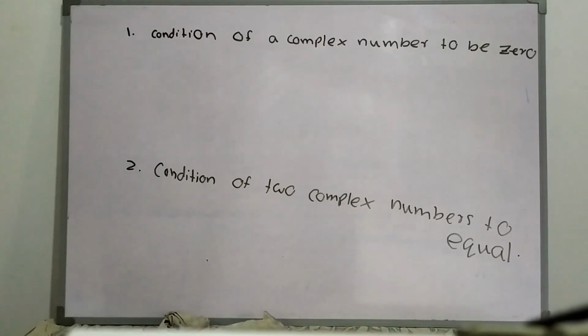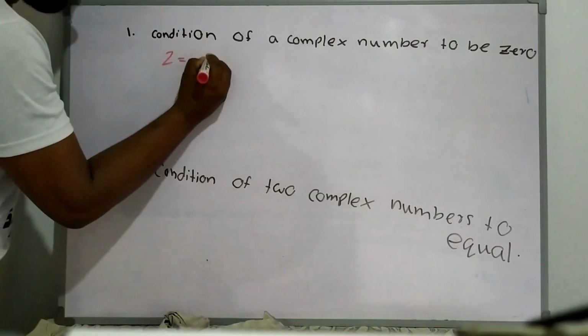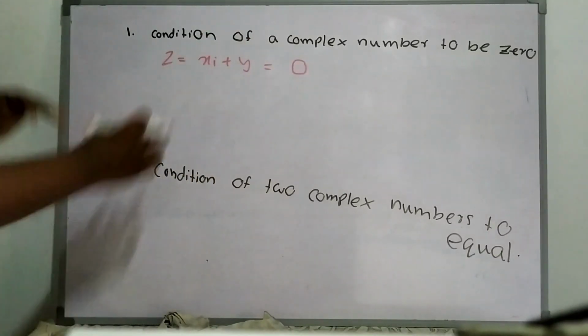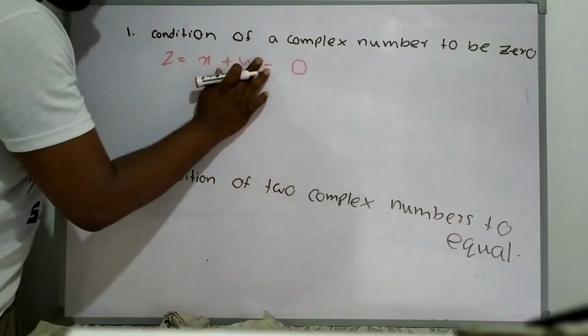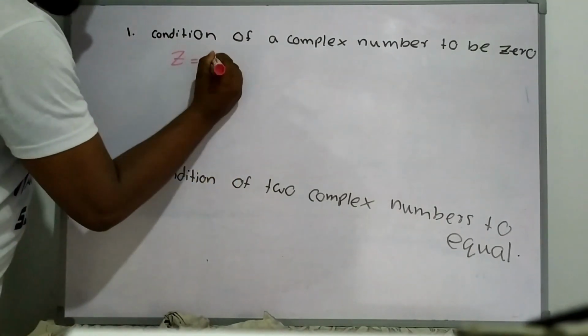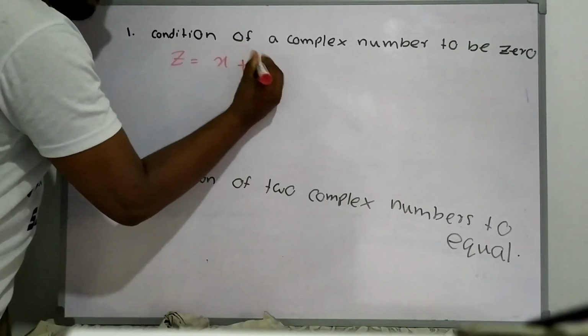Okay, now let me consider another theory part. The first theory is the condition of a complex number to be 0. If z is a complex number, z equals x plus iy.